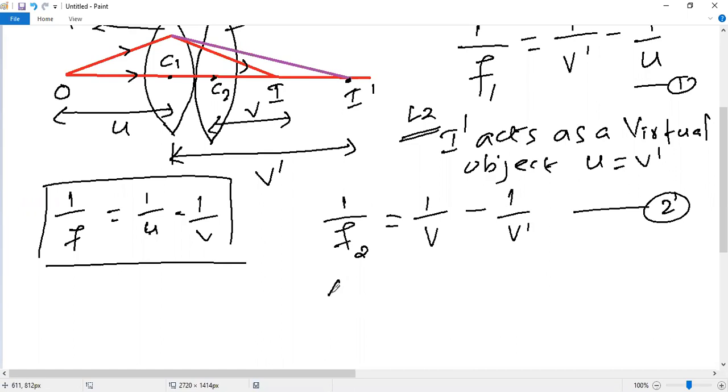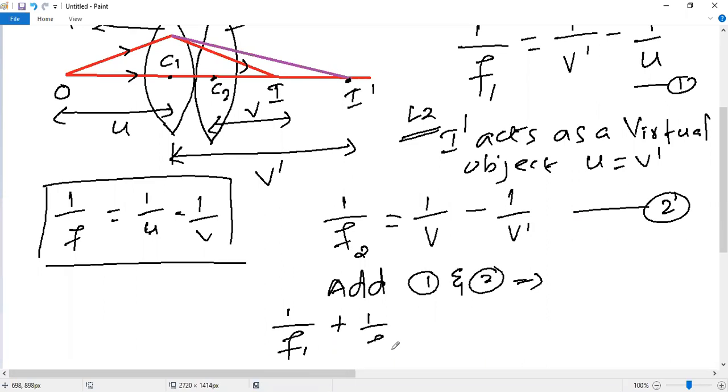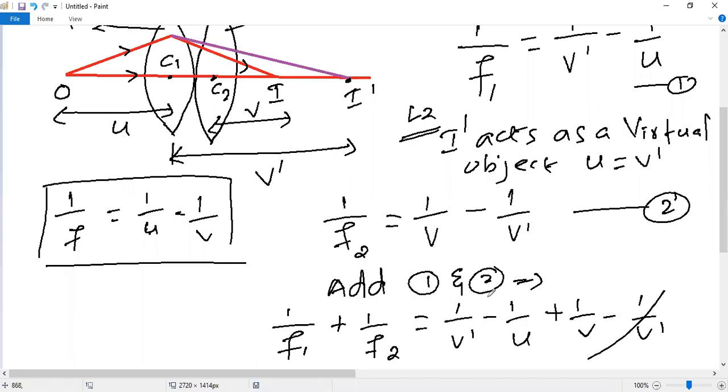So add equation number 1 and 2. Then you will get 1 by f1 plus 1 by f2 equal to 1 by v dash minus 1 by u plus 1 by v minus 1 by v dash. Minus 1 by v dash plus 1 by v dash cancelled.